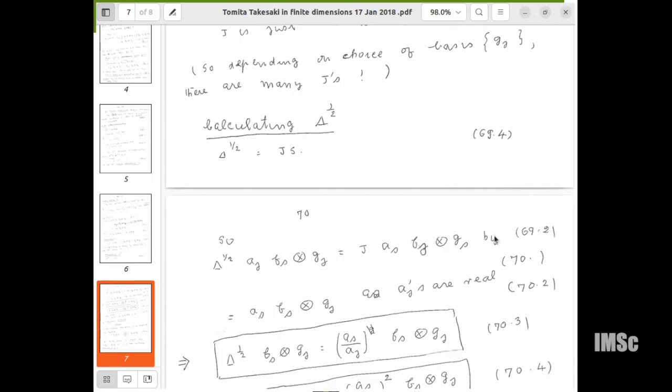Did it define S? Yeah, of course. S is the complex conjugation operator. So this is J times S. Yes, the A's are real.